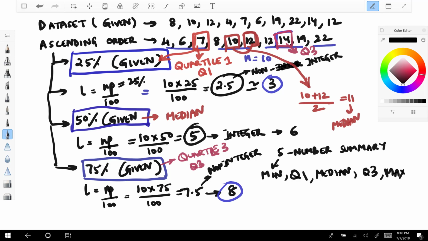So a minimum value here in this case is 4. Minimum value is 4. Quartile 1 is 7.